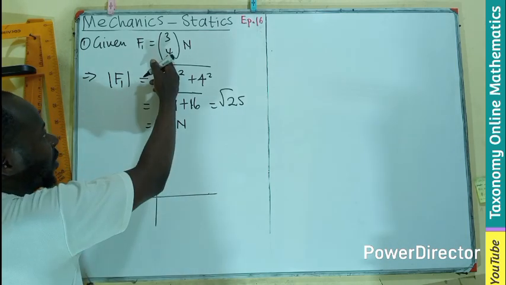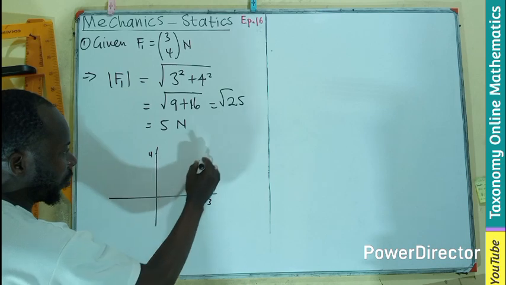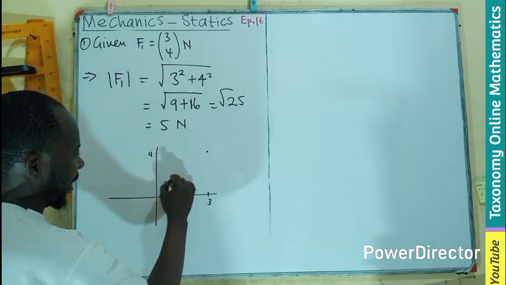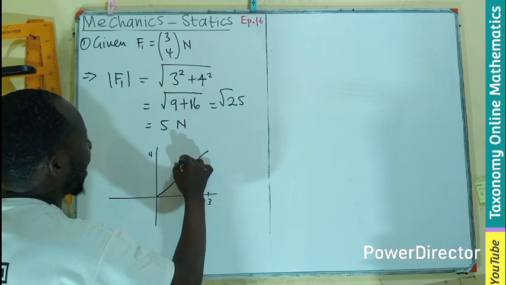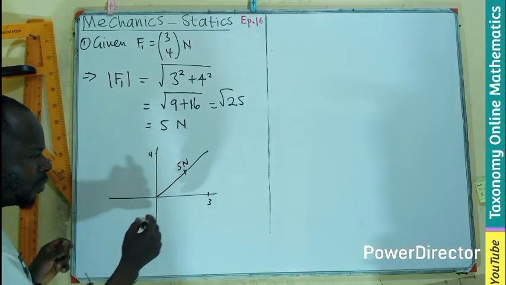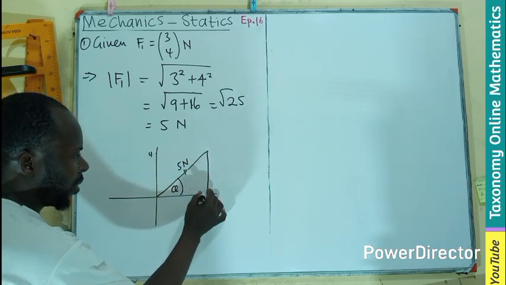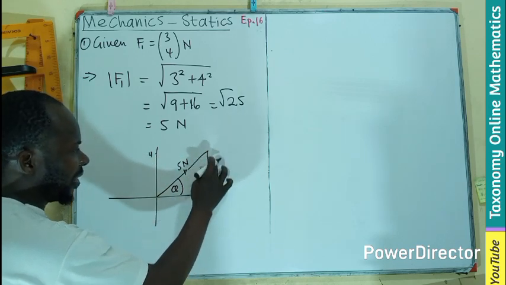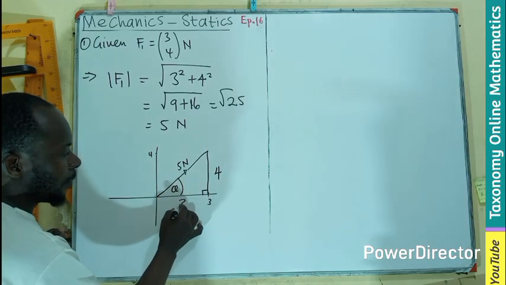Then to get your bearing, remember 3 is positive for x, so I should be here. Then 4 is positive for y also, so 4 is here and 3 is here. So if the force ended here, our force is going to pass here as 5 Newton. We need this angle here. So if I join this point down, making 90 degrees, the distance here is going to be 4, and the distance here is going to be 3.